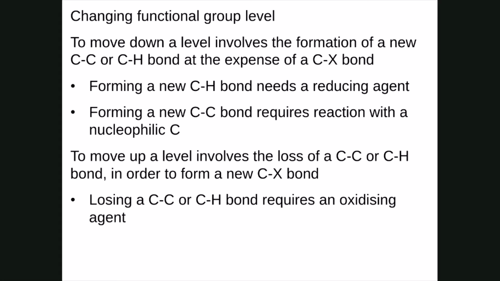So for example, if we imagine a carbon atom in a carbonyl group, that carbonyl group is a level 2, and we want to go down, let's say, to level 1 and form, for example, a hydroxyl group, an alcohol.